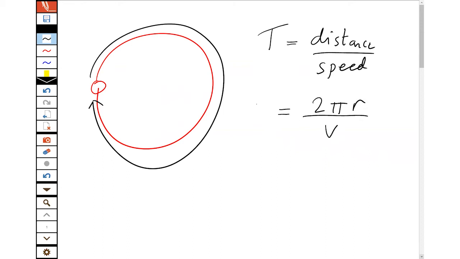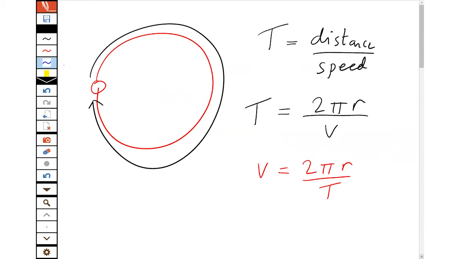And we have the speed of the object already. So now we see if we want the period, we need the speed and the radius. Or if they give us the period, we could rearrange that to find the speed we need at any time.